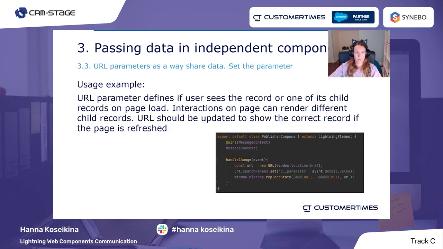Another option is not very popular, but I've met it. It's passing data through URL parameters. For example, we have some parent object, called, for example, product.